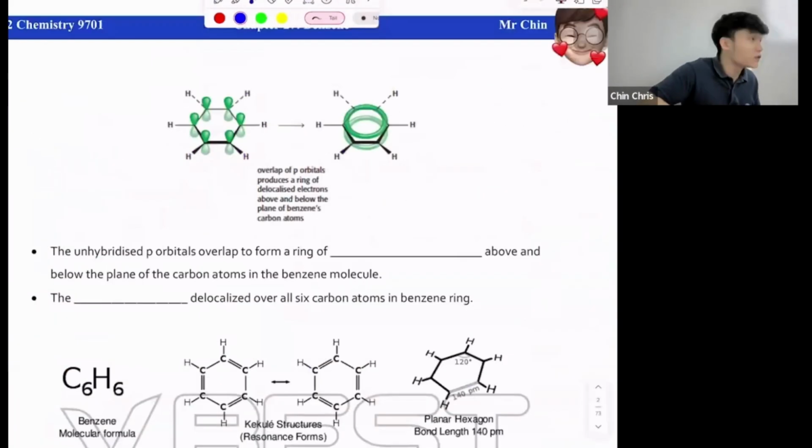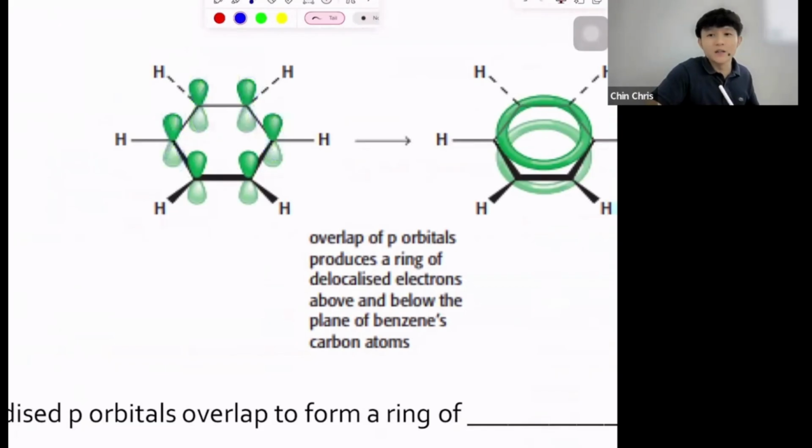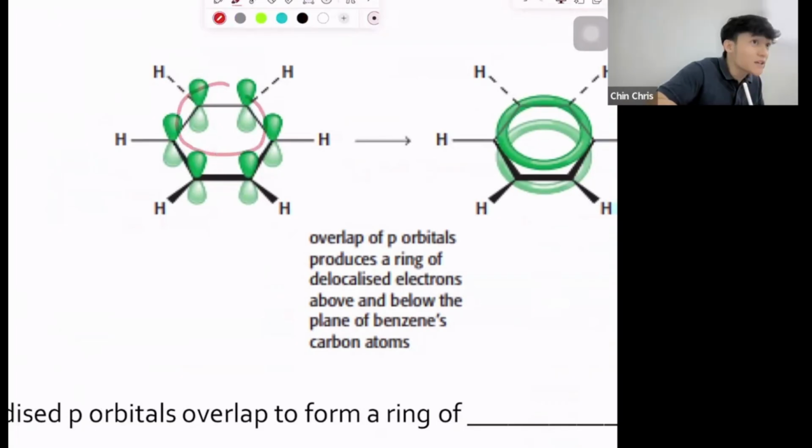Usually each carbon will have 1 loser, and this loser is a p electron. The losers usually group together. They're like, hey, since you and I have no friend, how about we group together and form a ring? So eventually all the p electrons group together and form a ring.